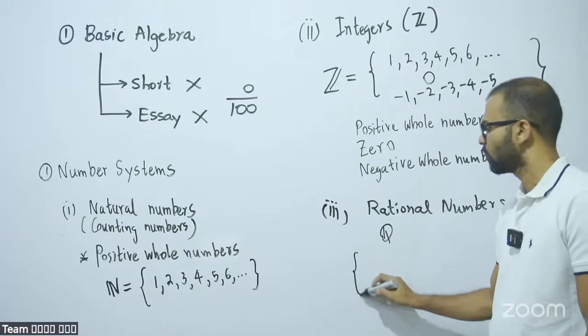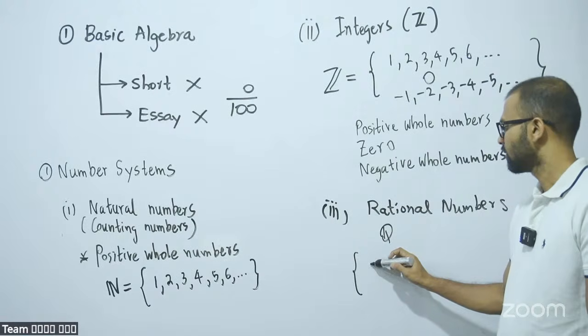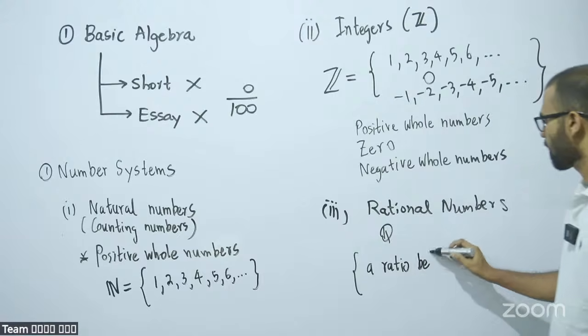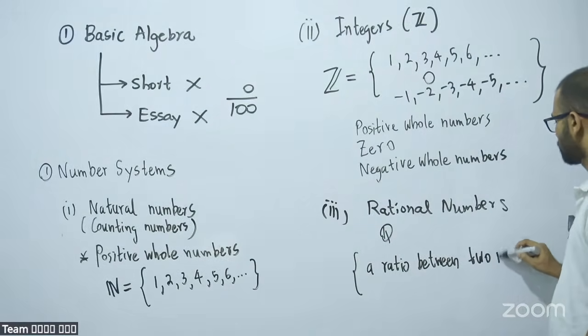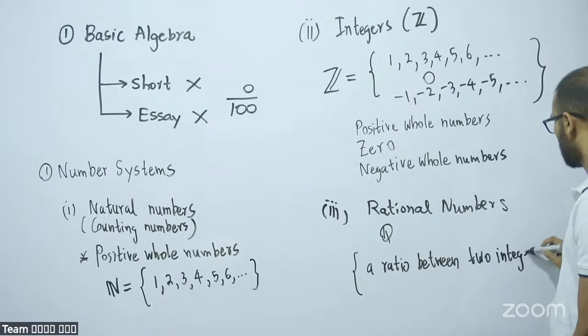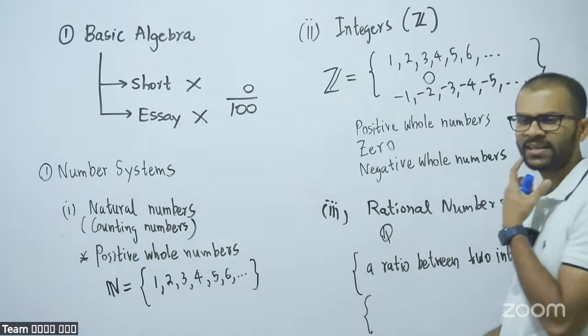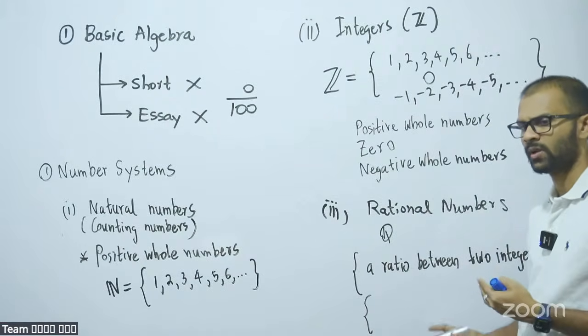So we can define rational numbers as a ratio between two integers, right? So what are integers? Positive whole numbers, 0, and negative whole numbers.